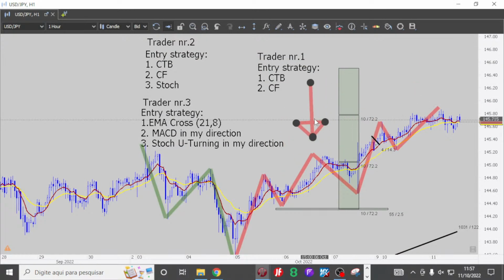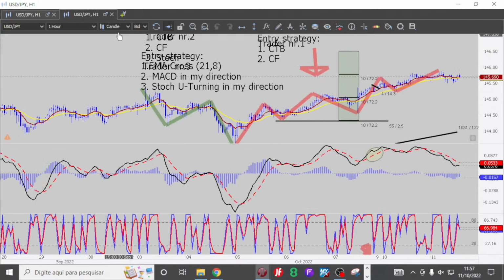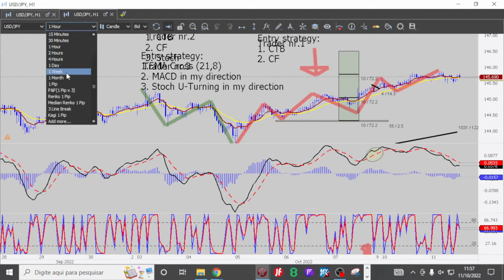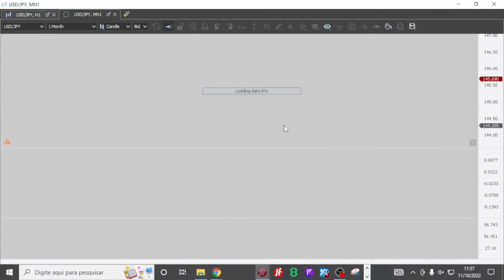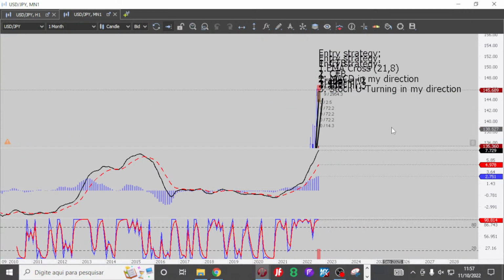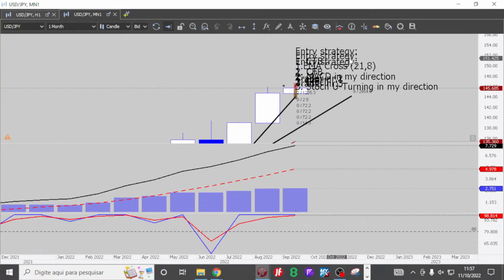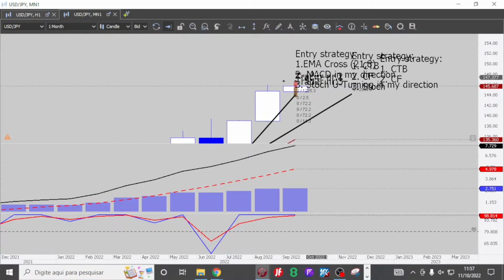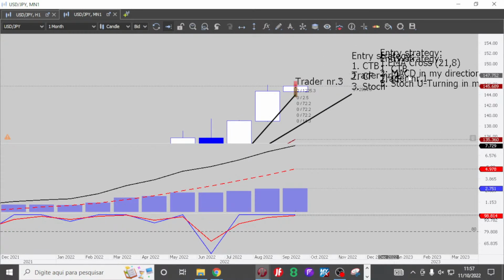Make sense? If those traders would have a vision that, just as an example, USD JPY is a sell for the week, it's a short. Make sense?